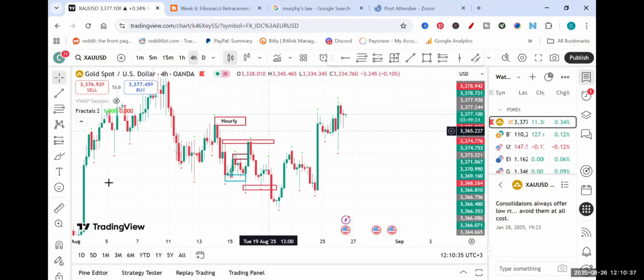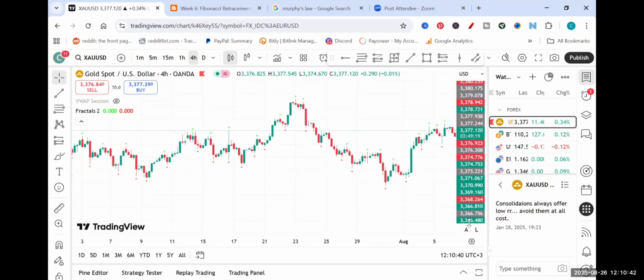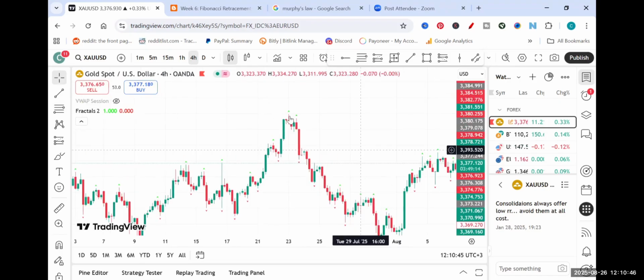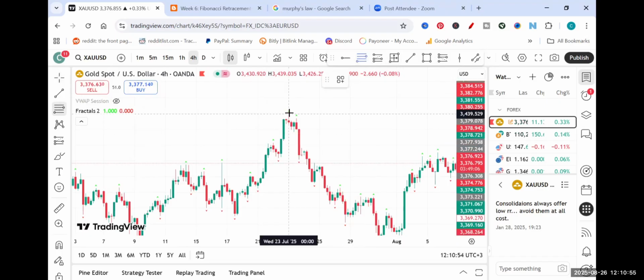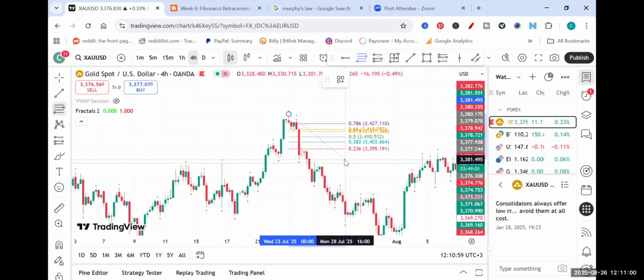If you are going to use resistance, let me go to a chart that has not yet been used, because right now we are in an uptrend. You come again from the left, swing high to swing low, like that, and this gives us the resistance. In this case, this was our resistance.